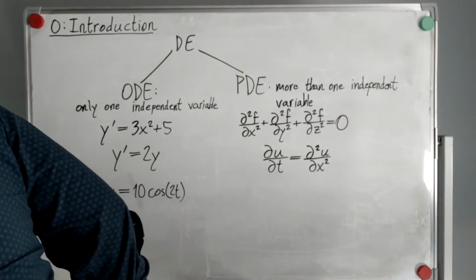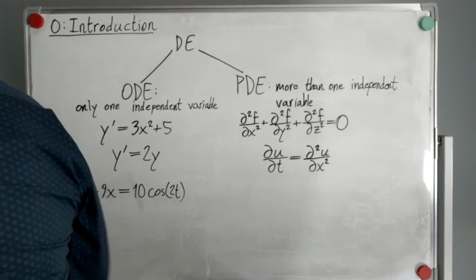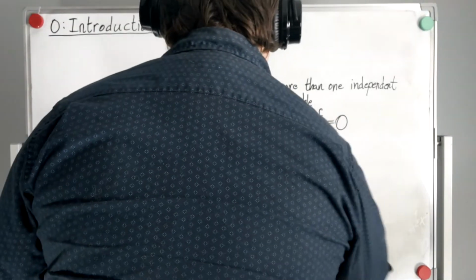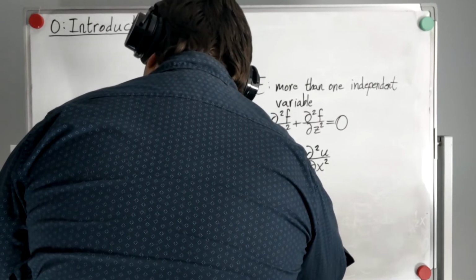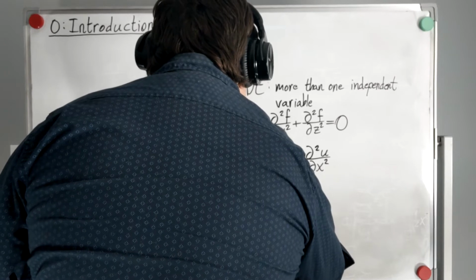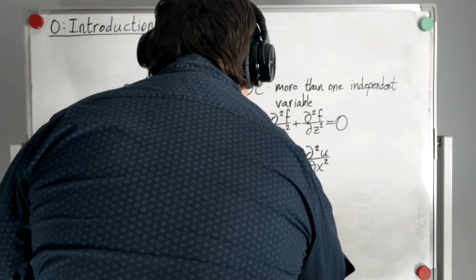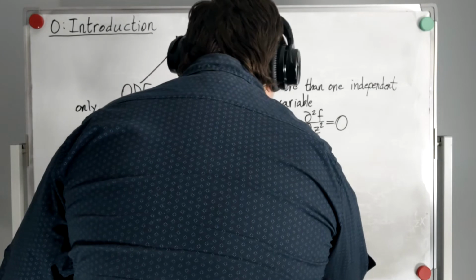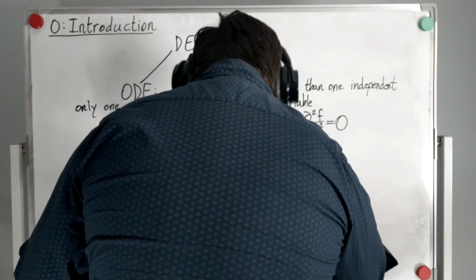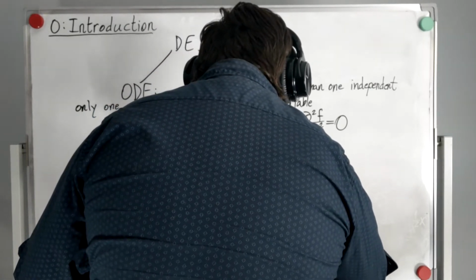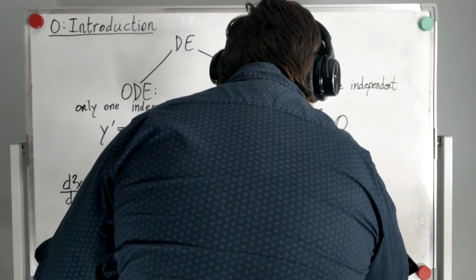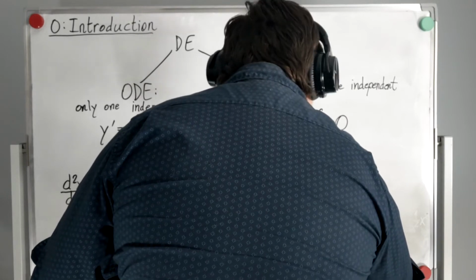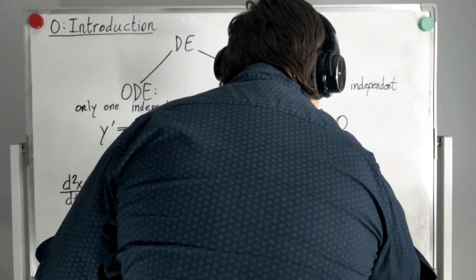Okay? And then as another example of a partial differential equation, you could have the Schrödinger equation, which looks like, well, i h bar partial psi partial t equals negative h bar squared over 2m partial squared psi partial x squared plus v psi.